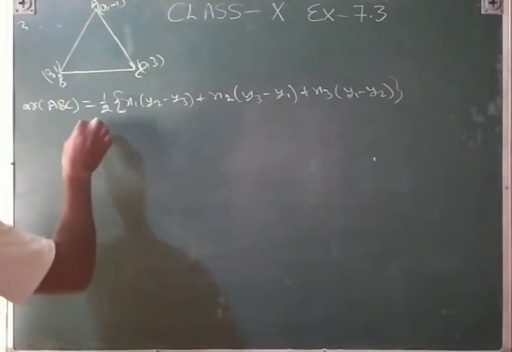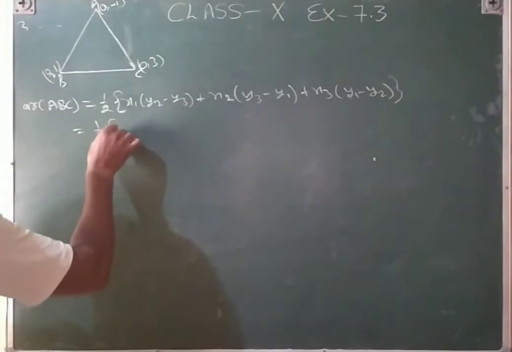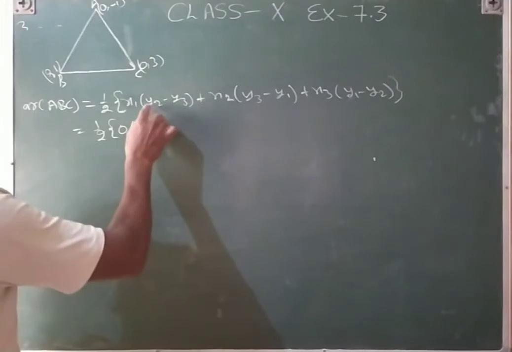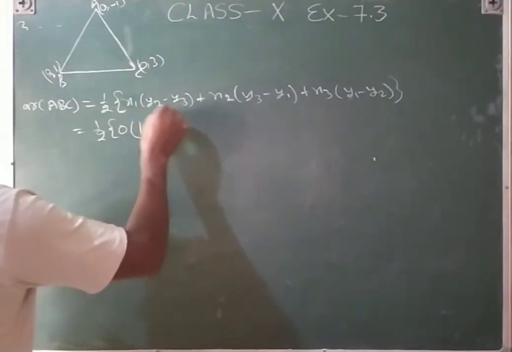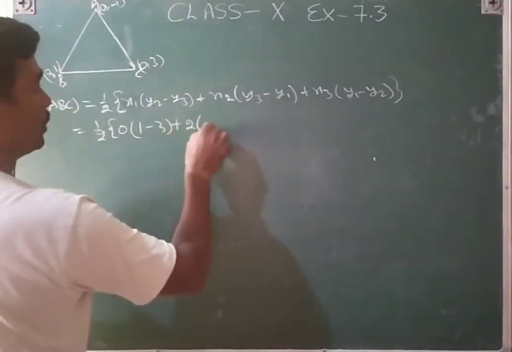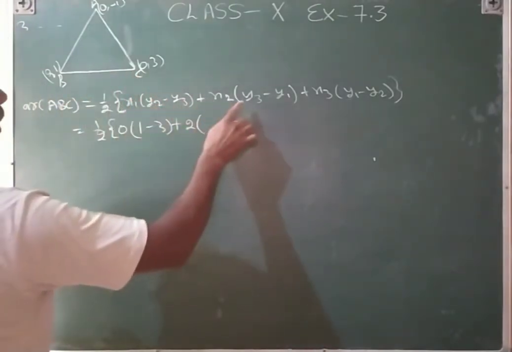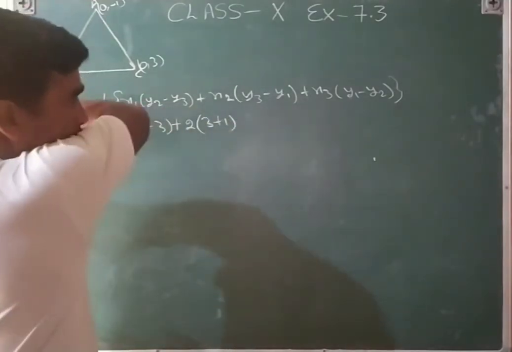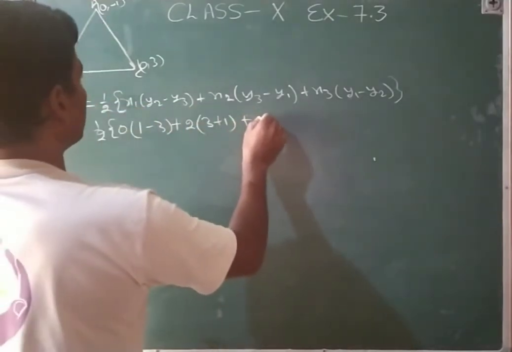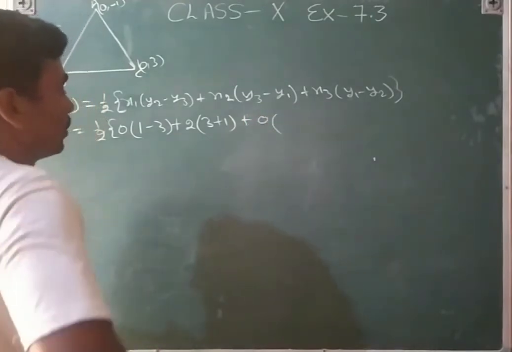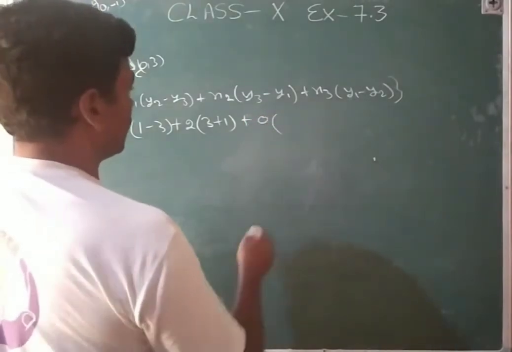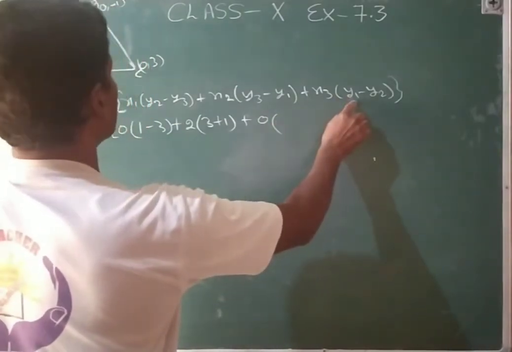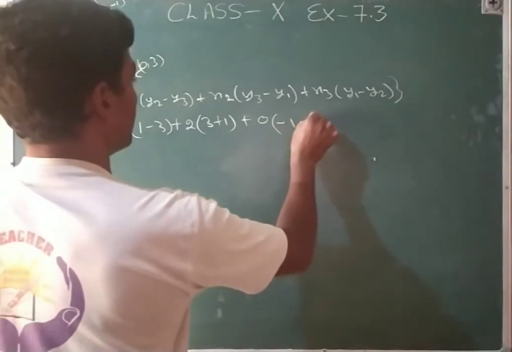Then 1 upon 2, where x1 is 0, y2 minus y3 is 1 minus 3, plus x2 is 2, then y3 minus y1 is 3 plus 1, and then plus x3, which is again 0, times y1 minus y2, that is minus 1 minus 1.